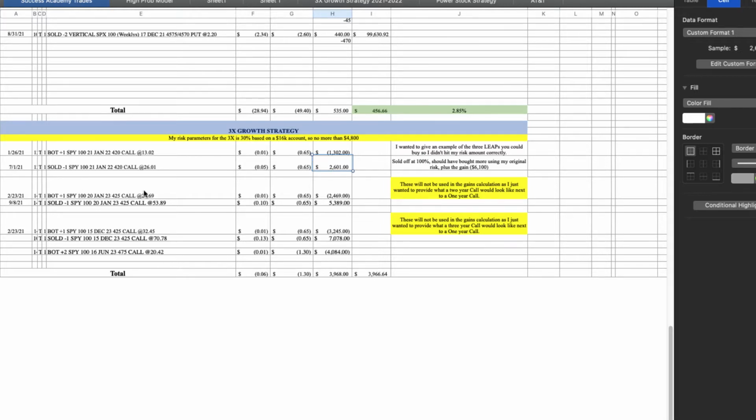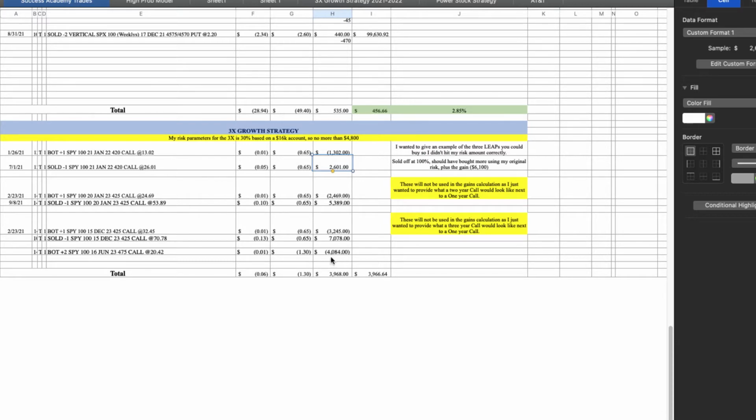I didn't do it on these other 2 trades because I was really just showing you how these 2 trades worked out. So I'm not going to redo those, because I have the other 3x growth that I started just recently again on my live account. I'll just model that from this point forward.